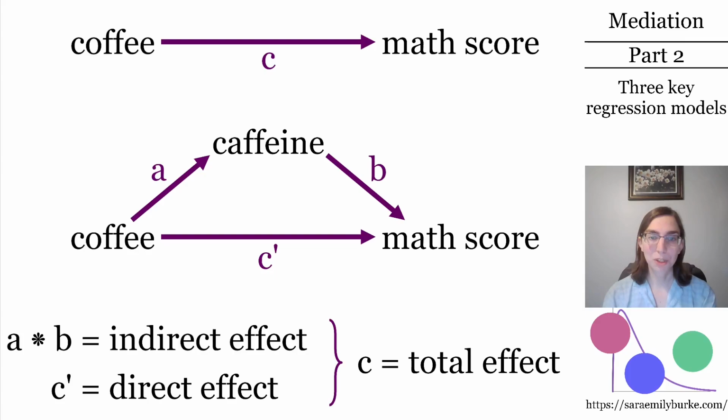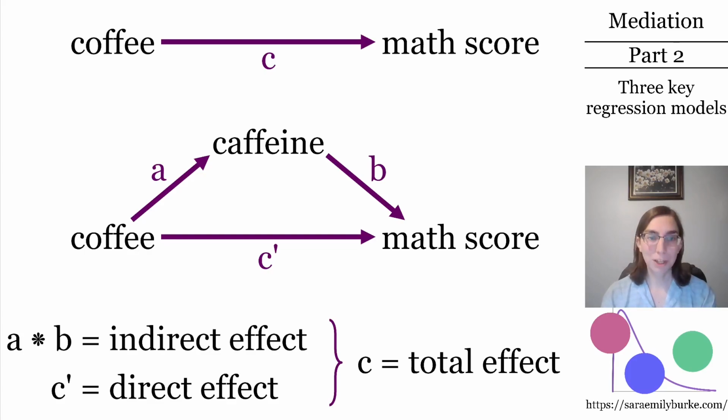Both of these slopes are an important part of the logic of statistical mediation, so we need to test the claim that both of them are large enough to count. The product of the A path and the B path is only large if both are large, because that's how multiplication works. For example, if one of them is 0, the indirect effect will also have to be 0, no matter how large the other one is.